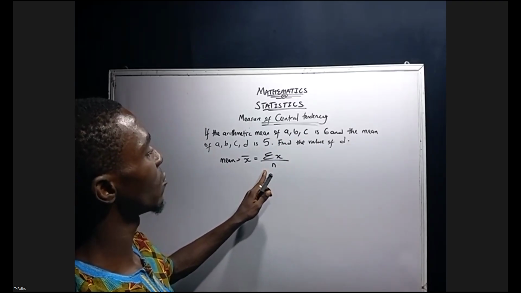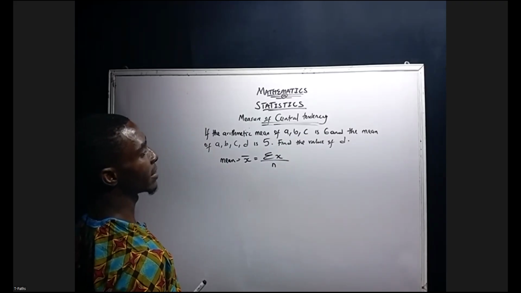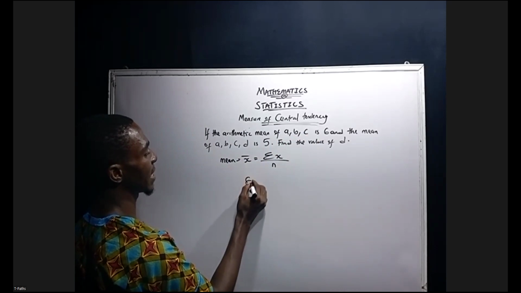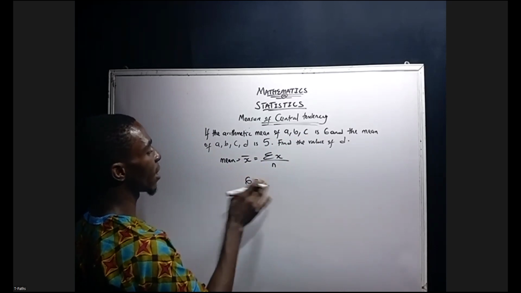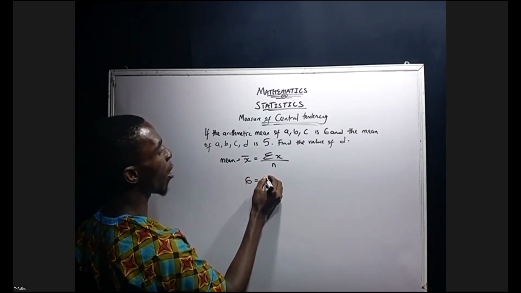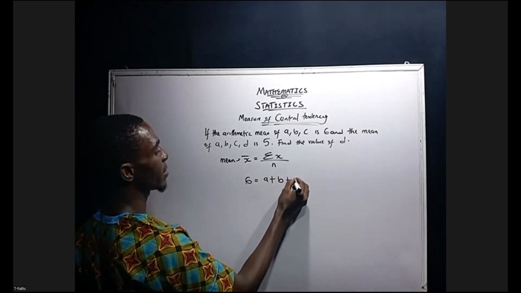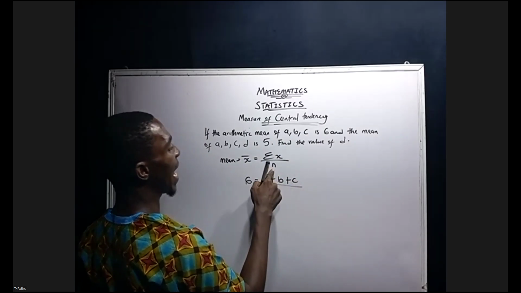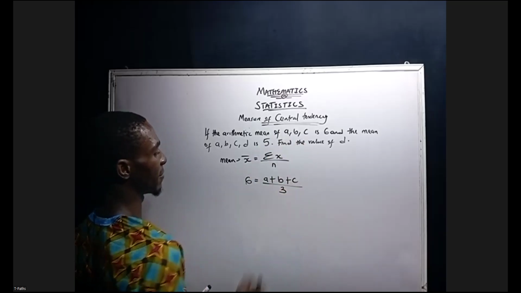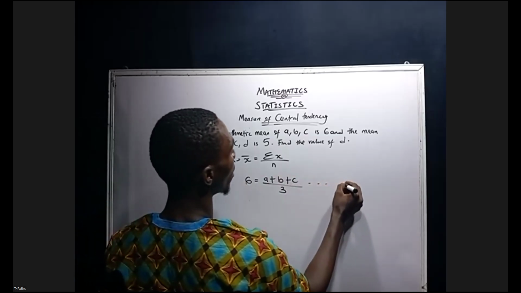Now, the mean from the first question is 6, equals the summation of all values, A plus B plus C, divided by n. The total number of data values given here is 3. Everything here equals 6. Equation 1.